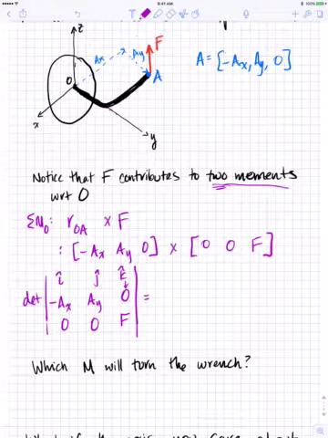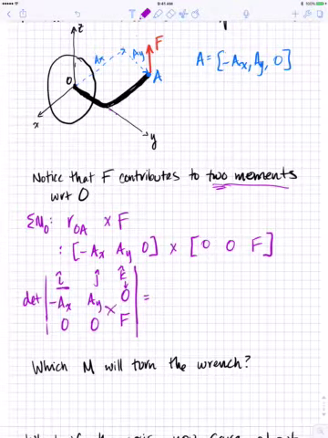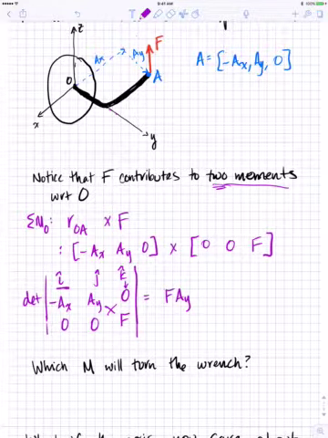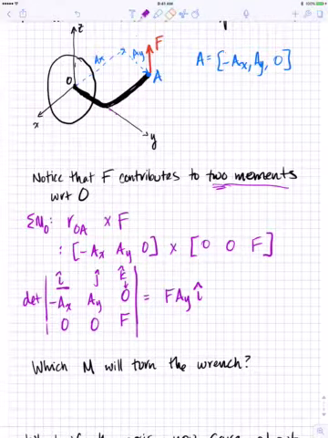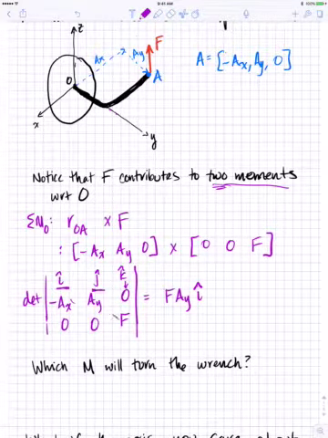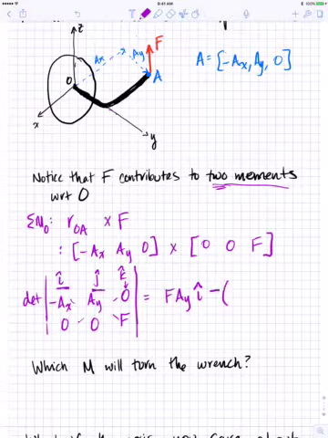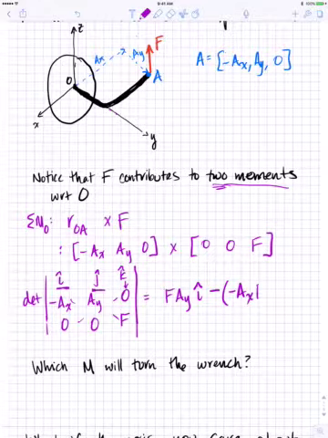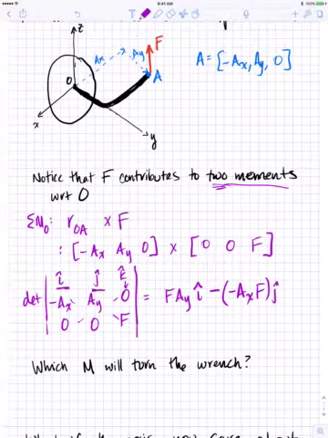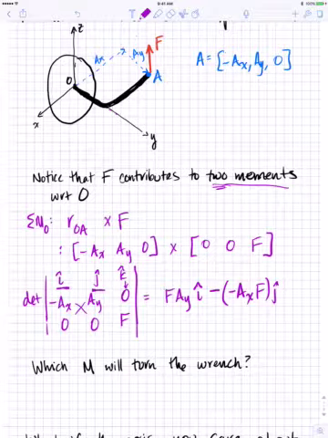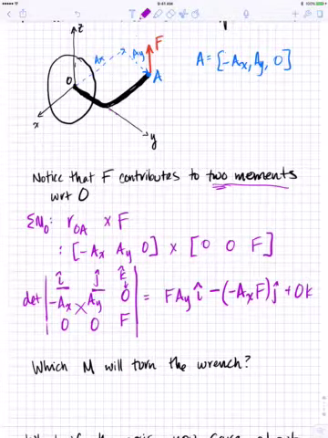So if we do the I component, remember we start here and then we do this cross. So we have F times AY, and this is for the I. And of course the opposite side contributes nothing. And then moving on to the J, we're going to cross these two. So this is minus, and then it's a minus AX times F in the J. And then plus in the K. You can see here that these two are not even going to enter the equation, so it's 0K.